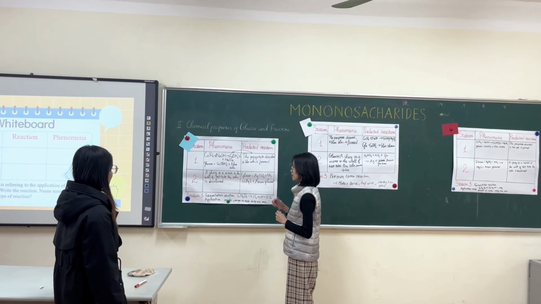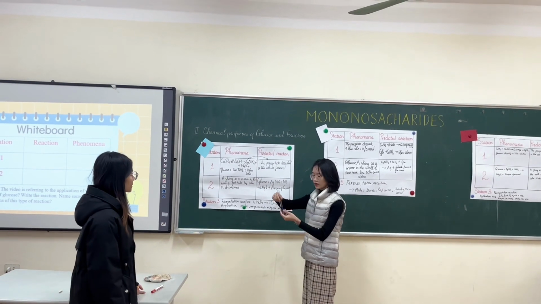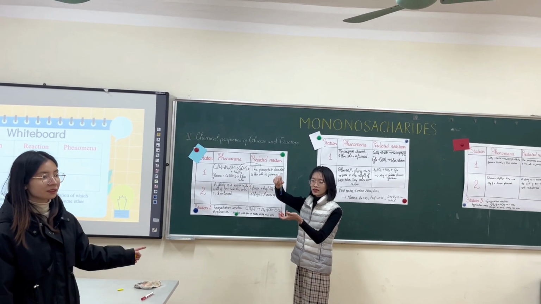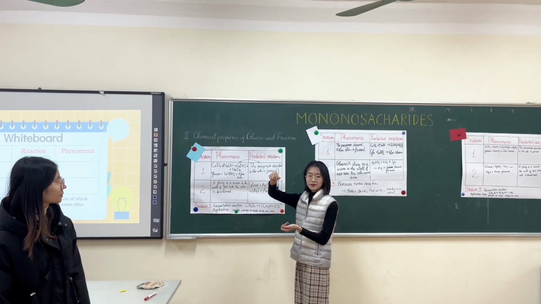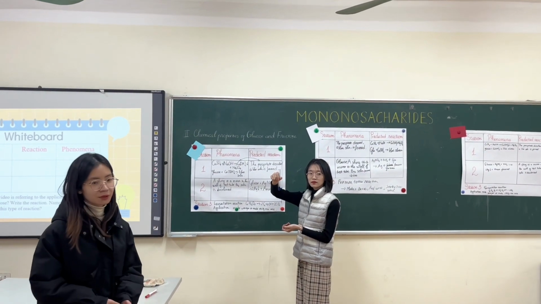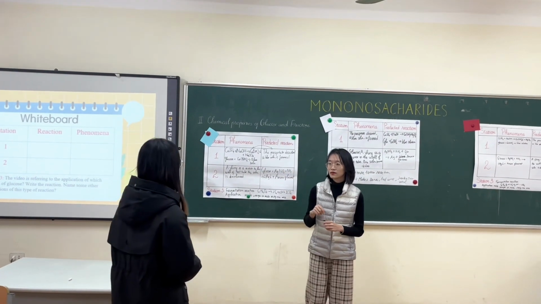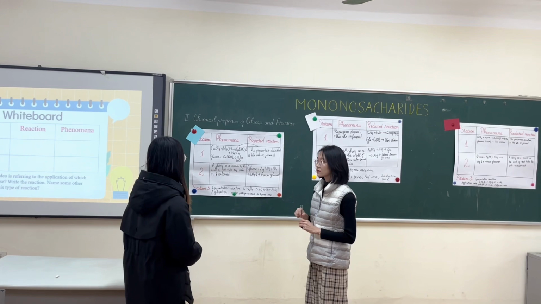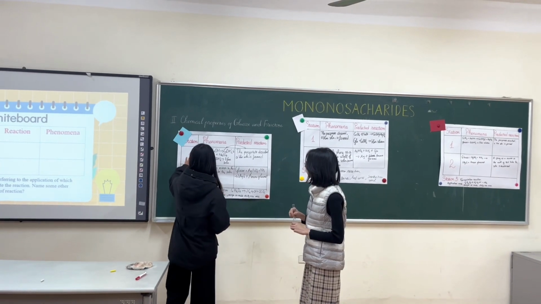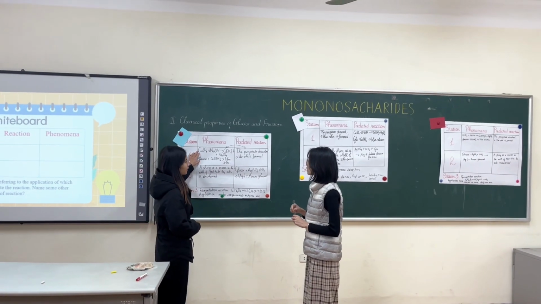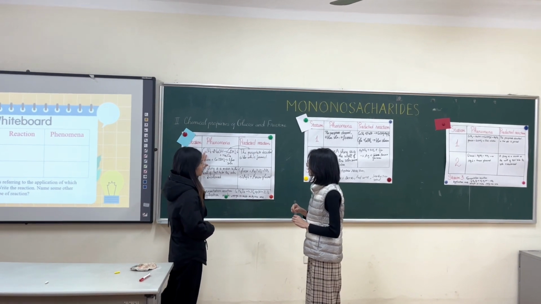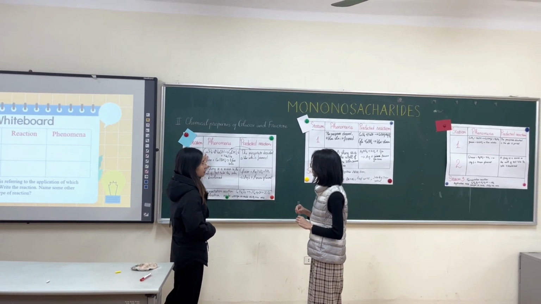Yes. And can you show our class your results? You can see here. Do you have the same results as her? Yes. Yes, thank you. And do you know which functional group glucose has, based on this reaction?